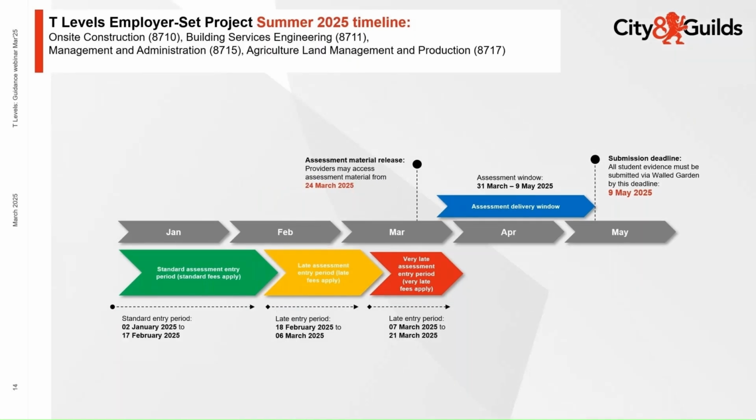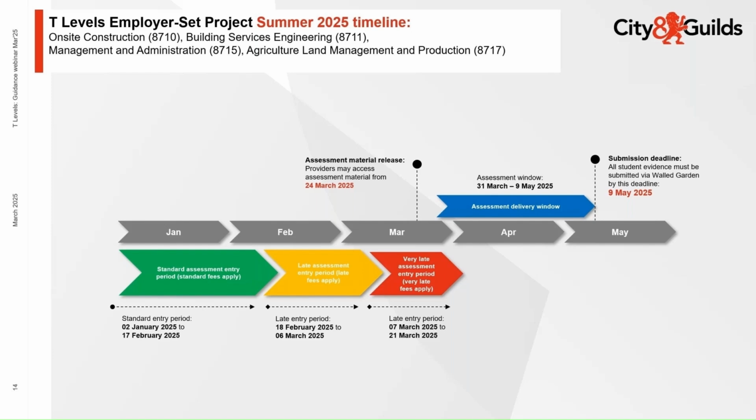So moving on to the next slide, you'll see this is for on-site construction, the 8710, building services engineering, 8711, management and admin, 8715, and agricultural land management and production, the 8717.